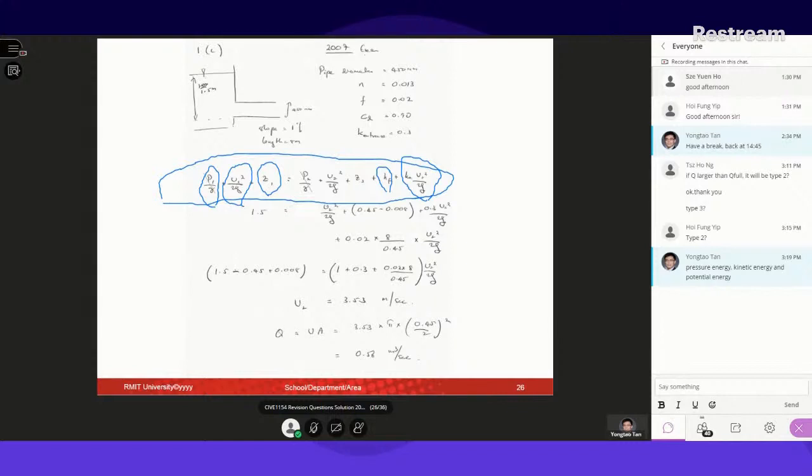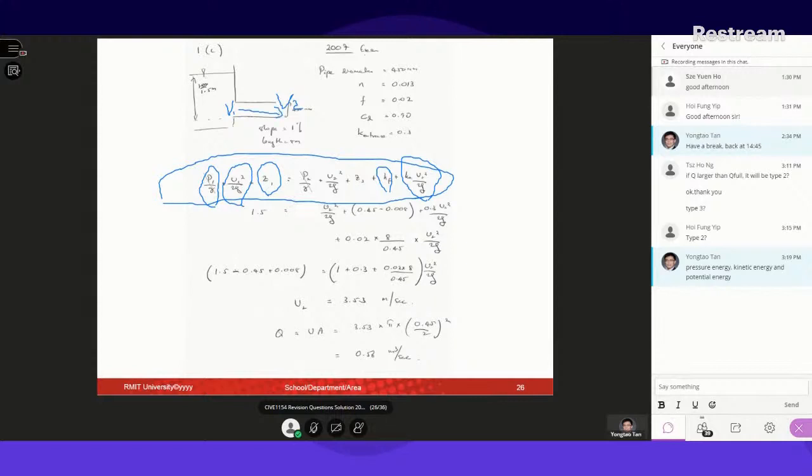And V1 is the velocity at the entrance. V1 is here, and V2 is here. When we use the Bernoulli equation for the detention basin, we normally assume that V1 at the entrance is 0. The velocity becomes larger and larger up to V2.